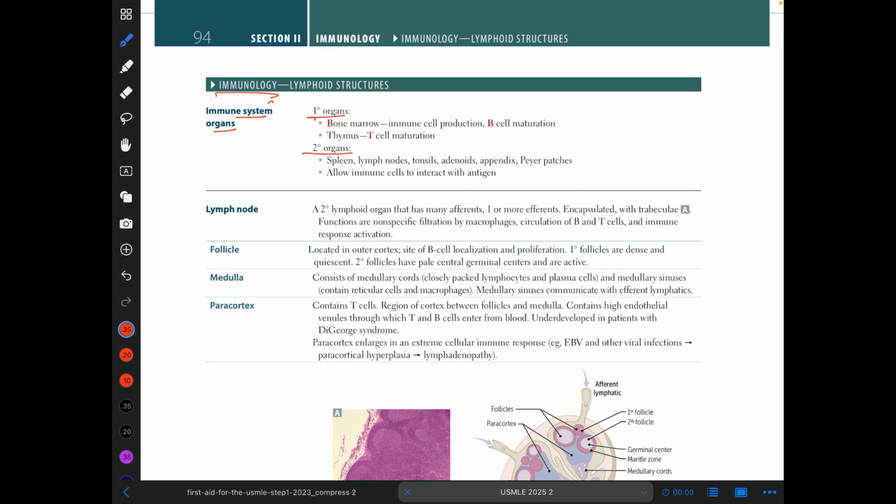The primary is the site of B-cell lymphocyte formation, and the secondary organs are where the T-cells proliferate. In the primary organs, we include the bone marrow and the thymus.